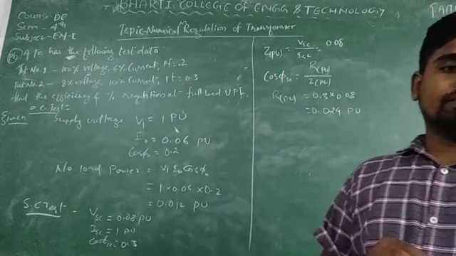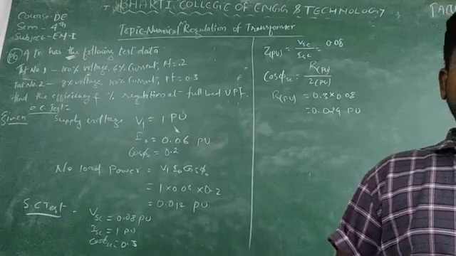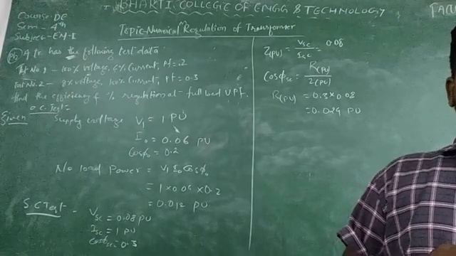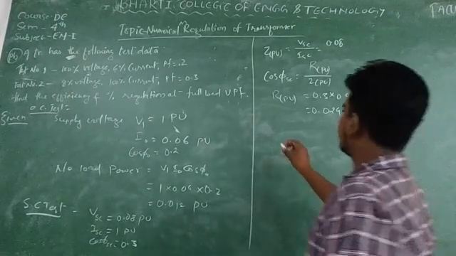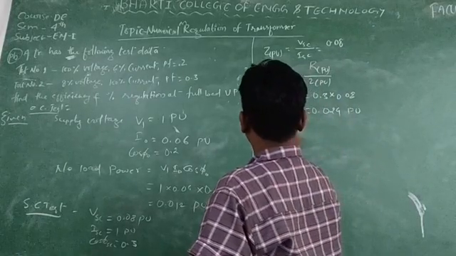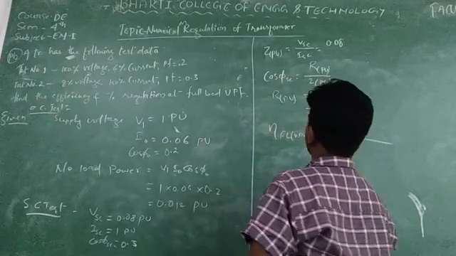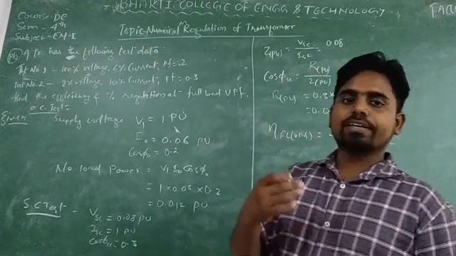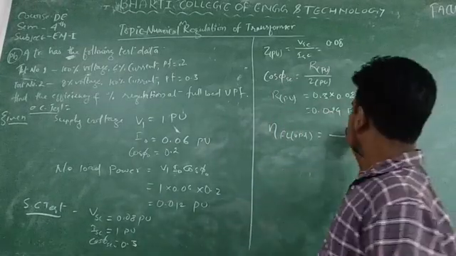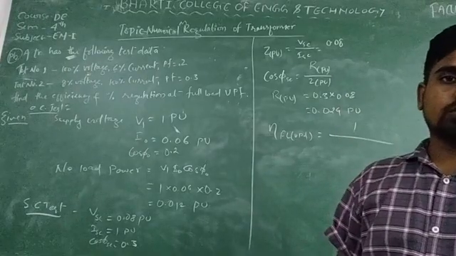Now the efficiency can be found, efficiency for full load at UPF, unity power factor. If it is full load, then we consider the output power to be 1 unit.